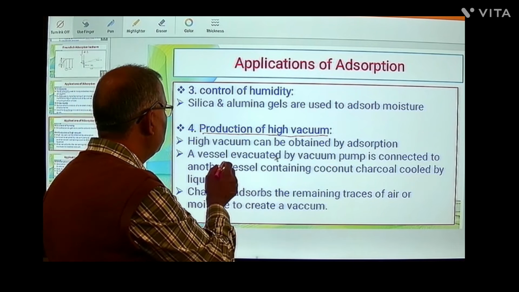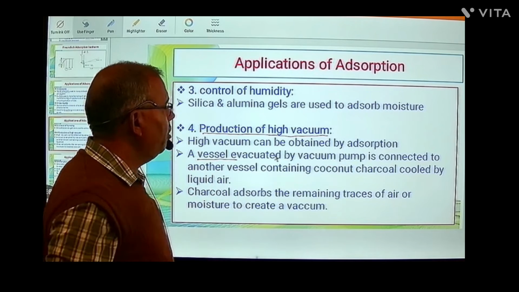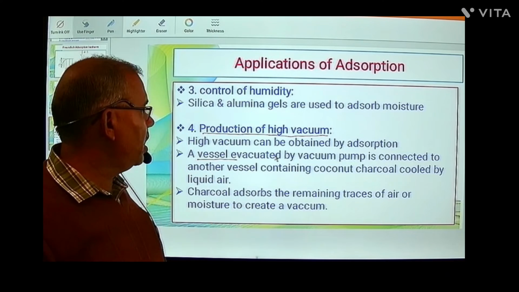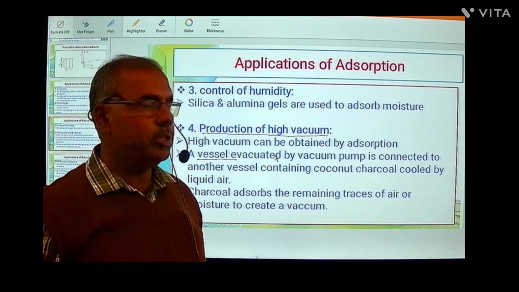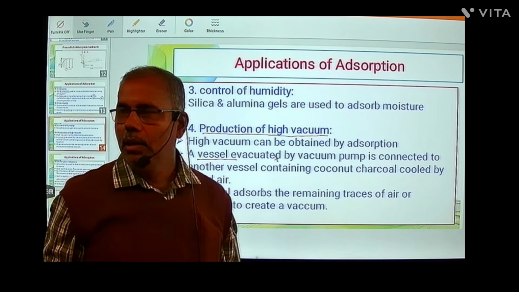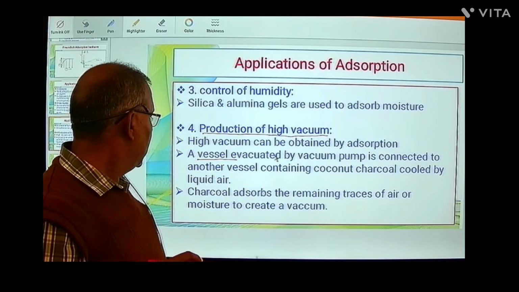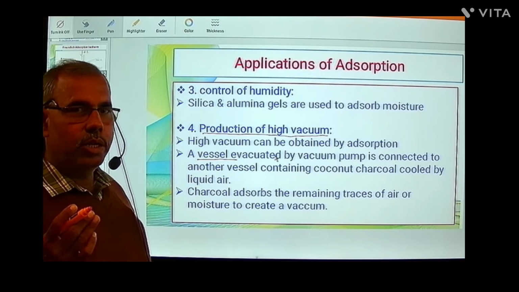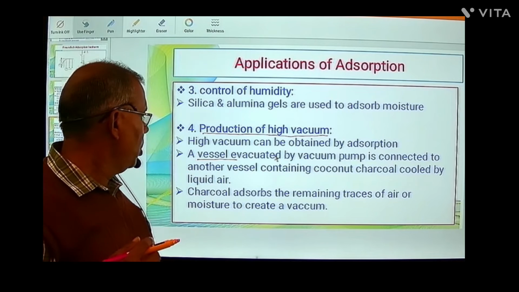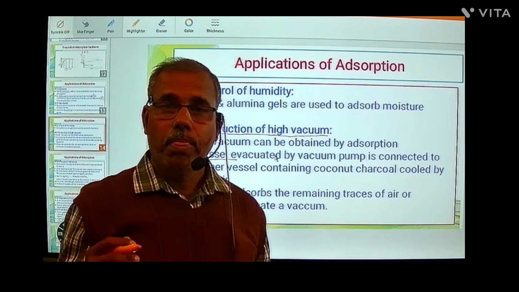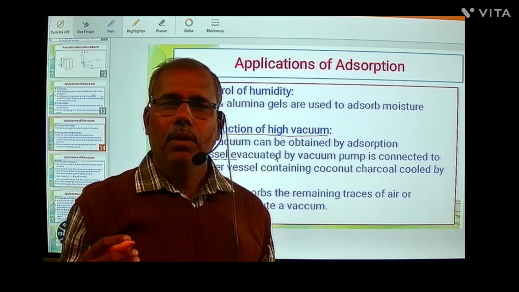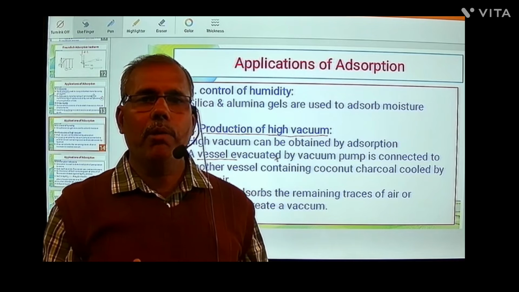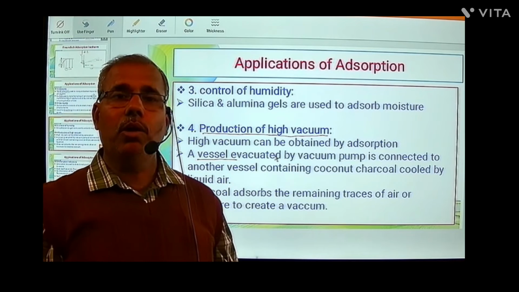Now how is it obtained? A vessel evacuated by a vacuum pump is connected to another vessel containing coconut charcoal, which is cooled by liquid air, and therefore the charcoal adsorbs the remaining traces of air or moisture from that vessel to create a vacuum. The vessel which is to be evacuated is first evacuated by a vacuum pump, but it does not give a 100% result.